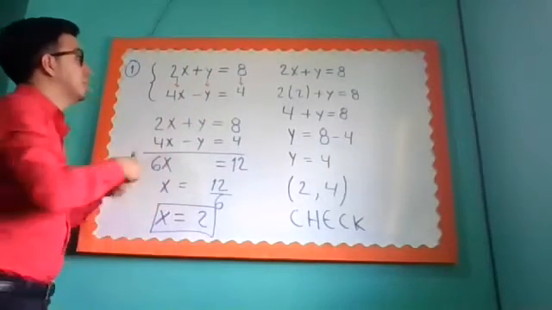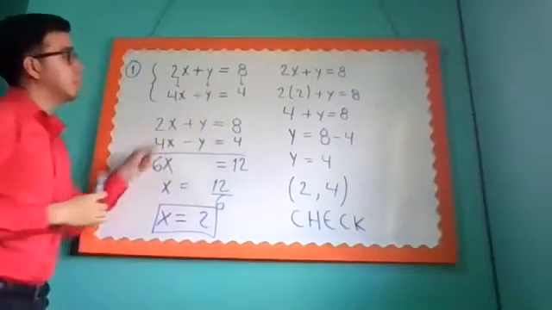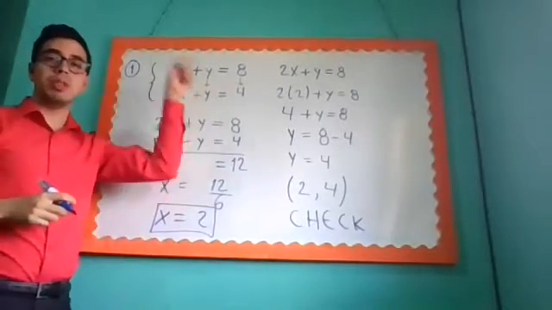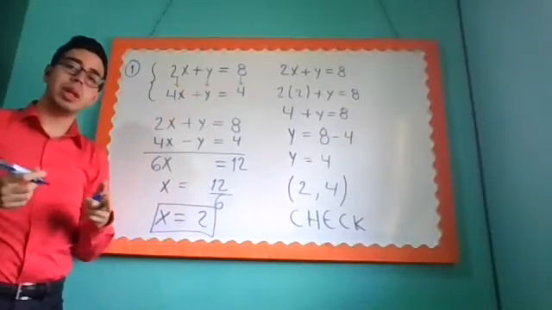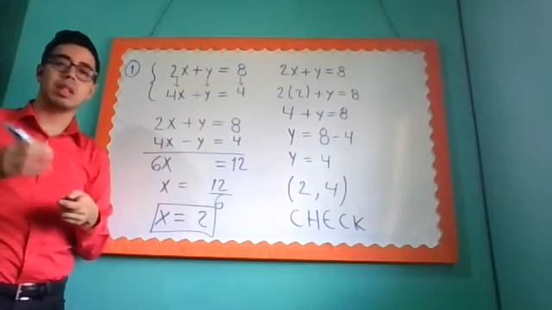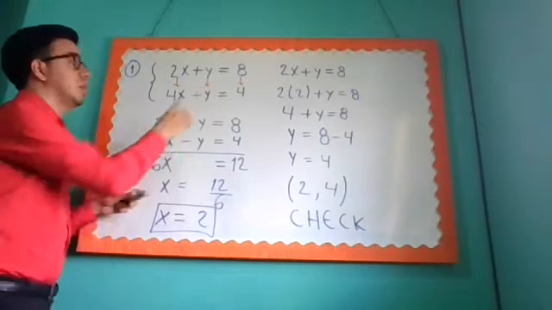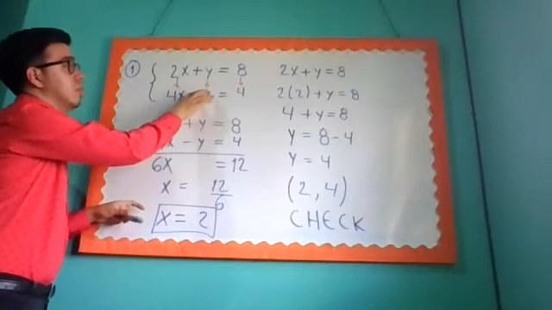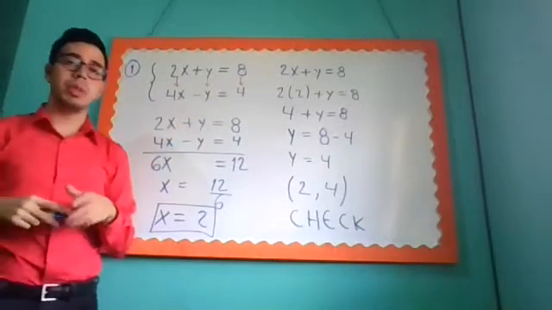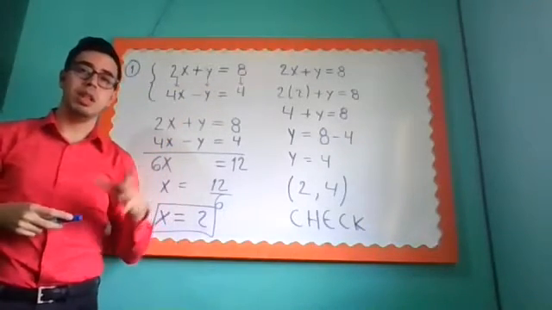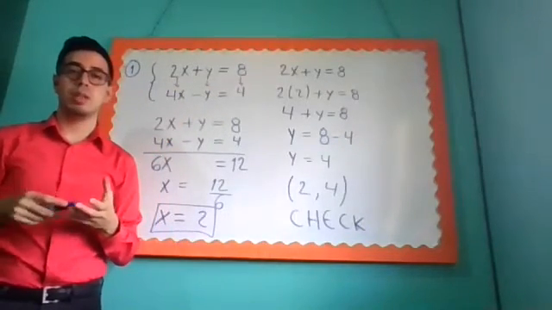But if you identify that, for example, you have a positive at the beginning of the problem, we need to change it. So in examples 2 and 3, we need to modify the exercise so we can eliminate one variable. If you don't obtain it so easily, you need to modify the equations so you can eliminate a variable, okay?